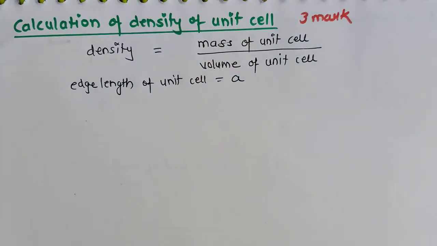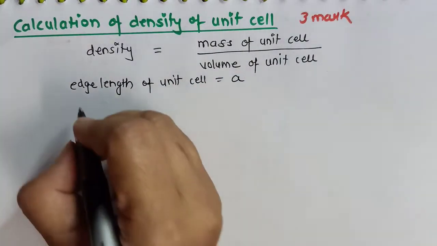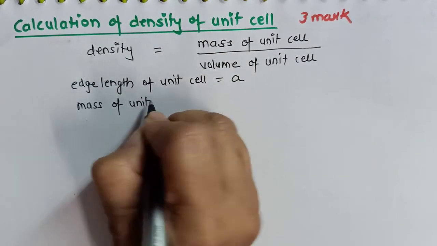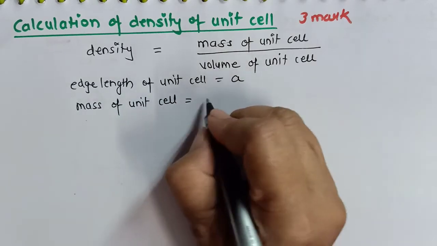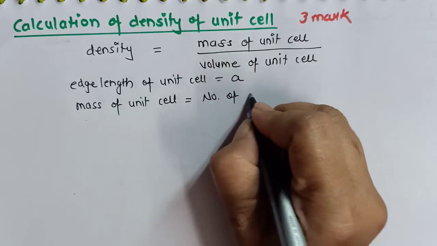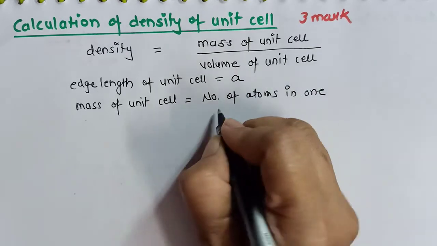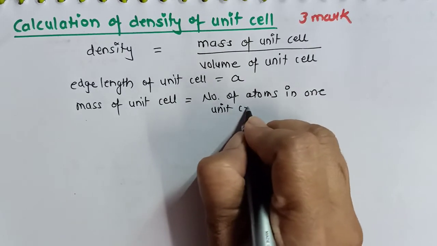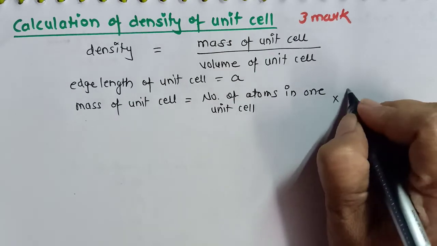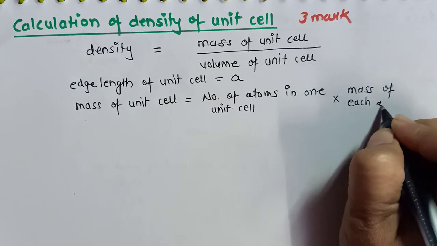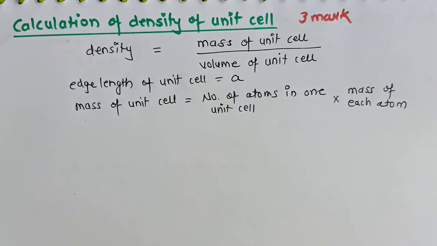How do we calculate mass of unit cell? The mass of unit cell can be calculated as number of atoms in one unit cell into mass of each atom. This formula you have already studied in class 11 for number of moles.